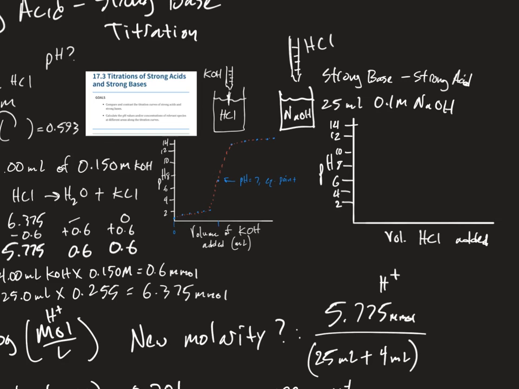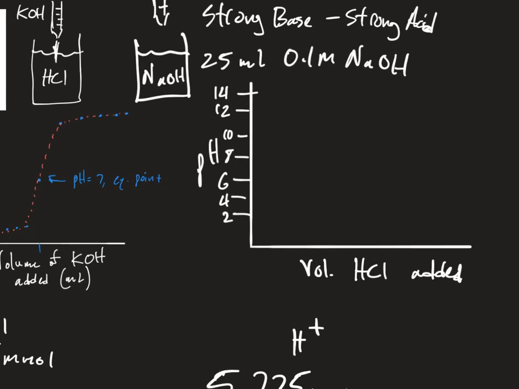So now in this case, we would simply be starting up here at our starting point. And as we add acid, we're neutralizing a little bit of this at a time. And then once we hit the equivalence point, remember that's going to go way down to 7. That's where, again, we added enough acid to completely neutralize the NaOH. And then after that, we'll have an acidic solution. This is where we have excess HCl.